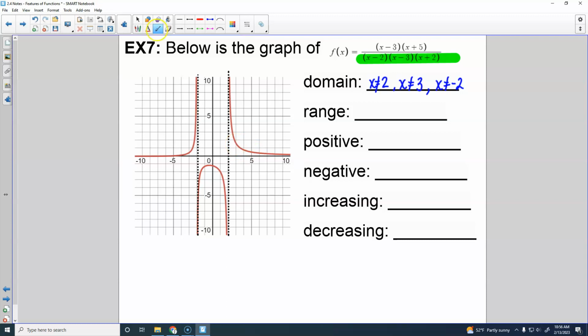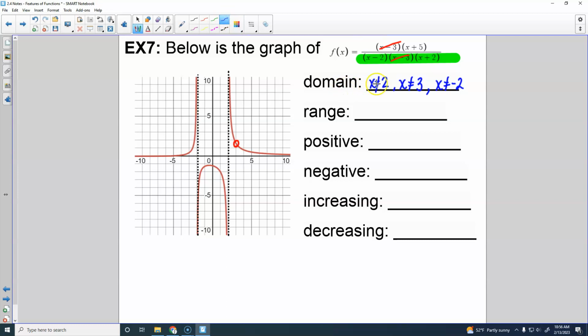You've got a hole in the graph because these two right here would cancel out. So we don't see it when we're looking at a Desmos graph, but there should be an open circle right there, right at 3. It would not include 3 either. So you want to have your equation help you find the domain for that.